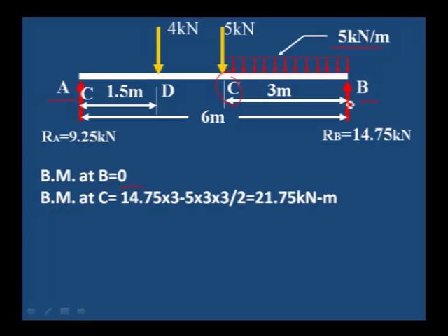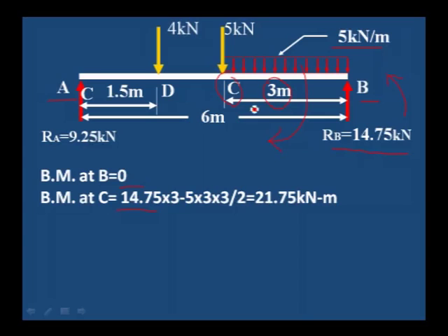One is 5 kilonewton per meter and one more load is the RB value 14.75. 14.75 will have a moment of anti-clockwise. This UDL will have a moment of clockwise. That is why we can consider the moment due to RB as positive and moment due to loads as negative.